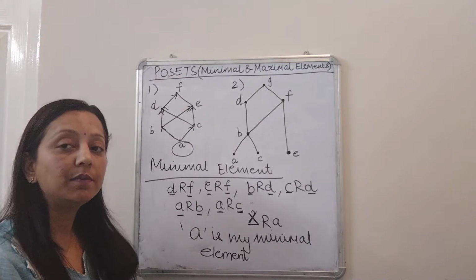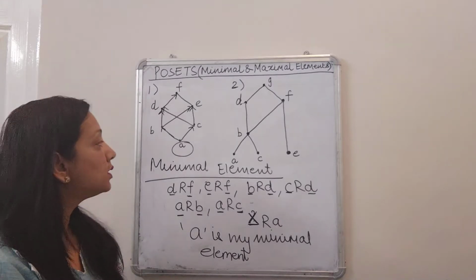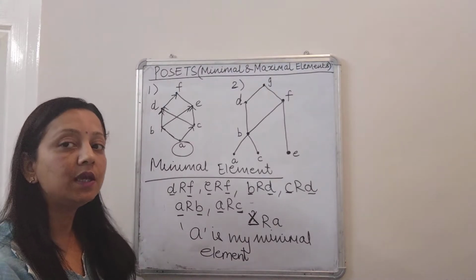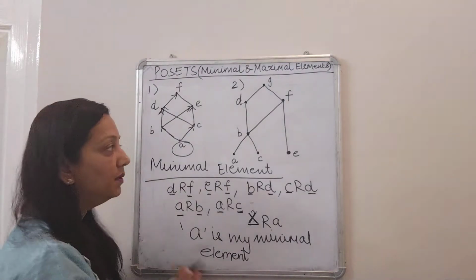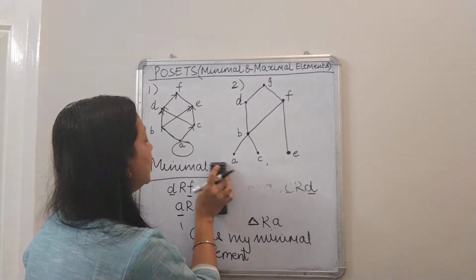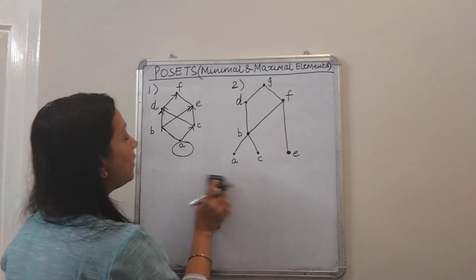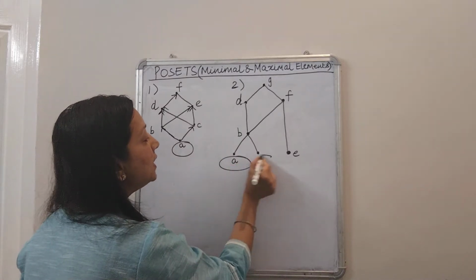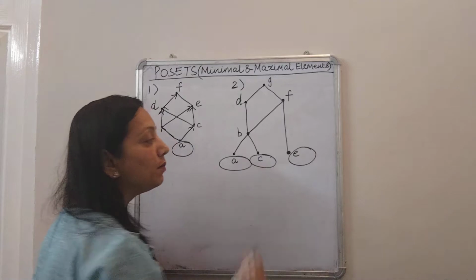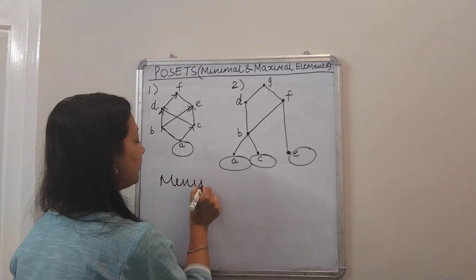Or, an element to which no other element of the poset is related is the minimal element. So here A is my minimal element. Now let's look at the second diagram, diagram number 2. Again, here if I want to find my minimal elements, you can clearly see A, C and E are my minimal elements. So what are the minimal elements over here?